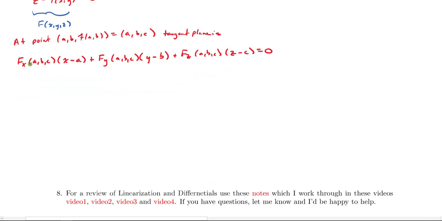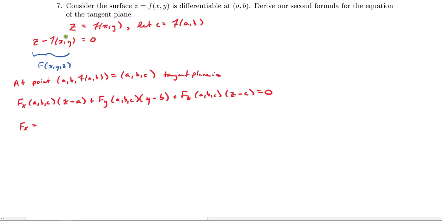Okay, well, so we need to compute F sub x, we need to compute F sub y, we need to compute F sub z. So notice that F sub x would just be the partial derivative of this expression right here with respect to the variable x. When I take the partial derivative, remember when we do this as an implicit surface, z is treated as independent. When I take the partial derivative of the independent variable z with respect to x, I just get 0.